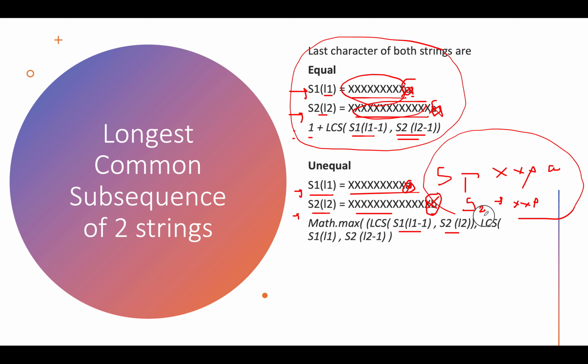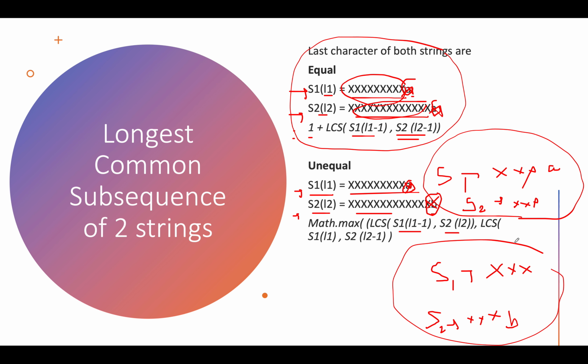So you calculate the longest common subsequence of these two strings, and you calculate the longest common subsequence of the reversal case where you remove one character from S1, x, x, x, and this time in S2 we have x, x, x, b. And out of these two cases, whichever is the longest common subsequence, that is the answer.